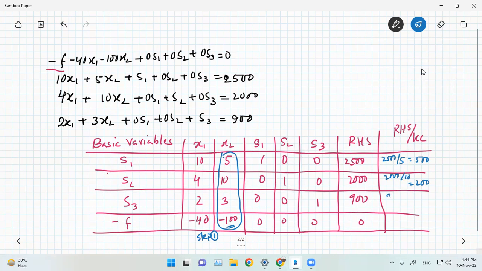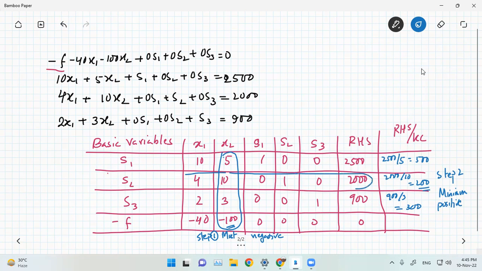And 9000 divided by 3, that is 300. Step 2 is finding the minimum positive ratio; step 1 was the most negative value. Based on that, this is the value we choose, so this is our key row.